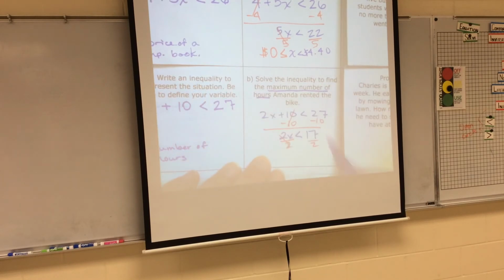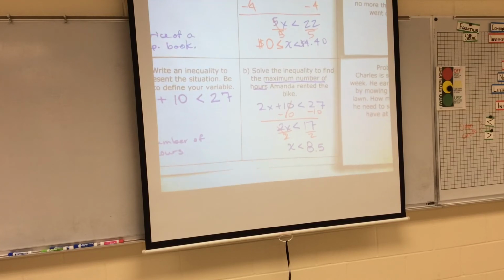So x is less than, is that 2 goes into 17 8.5 times? Beautiful. So x is less than 8.5, but it's got to be greater than what? It's got to be greater than 0, right?